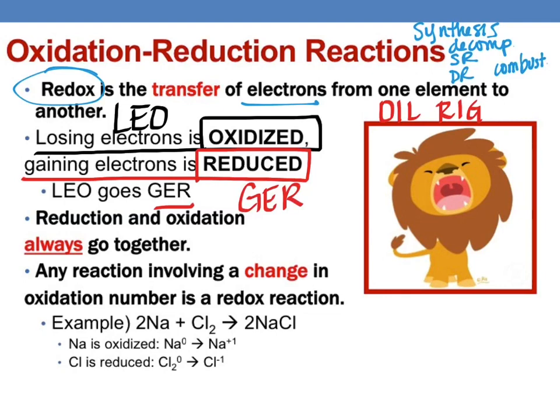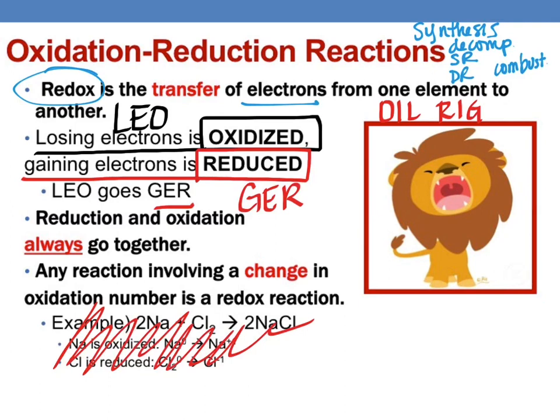So anytime we have a change in oxidation number, it's a redox reaction. So right now, let's just go ahead and ignore this. Don't write that down. We're going to come back to that. Are there any questions over this thus far? LEO goes GER, losing electrons oxidized, gaining electrons reduced, or oil rig. Oxidation is losing, reduction is gaining.